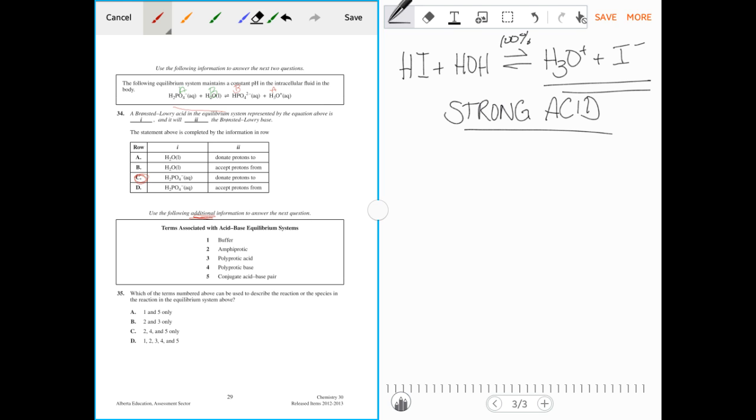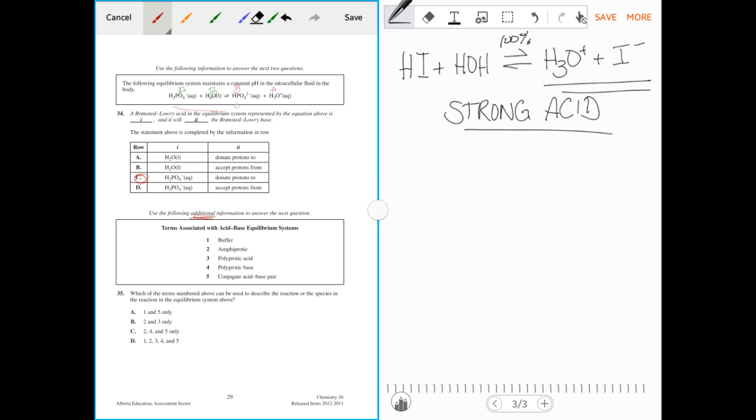I would say that when we go through here, we have a buffer. A buffer is a system where you have a conjugate acid and a conjugate base in order to minimize the changes in pH. So if we had, for example, H2PO4 minus and HPO4 minus, these two things would be a buffer system to minimize the change.